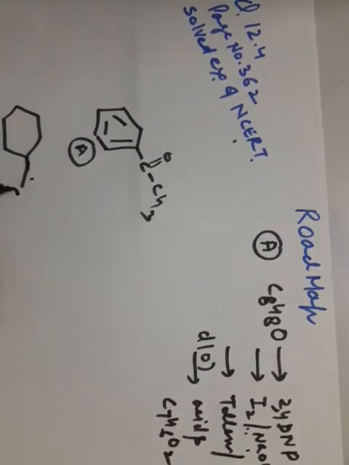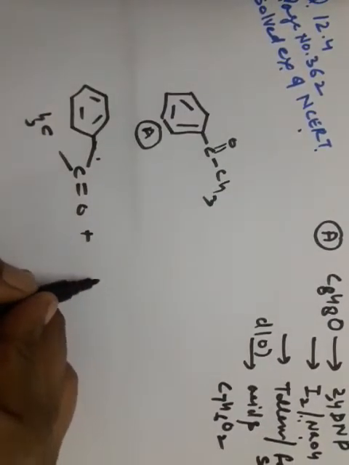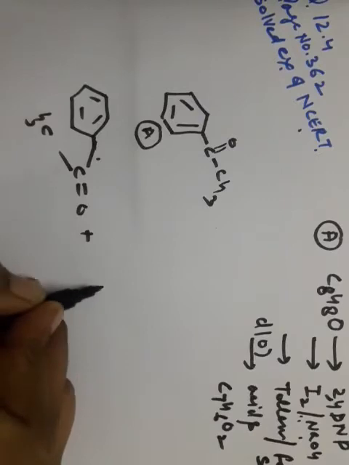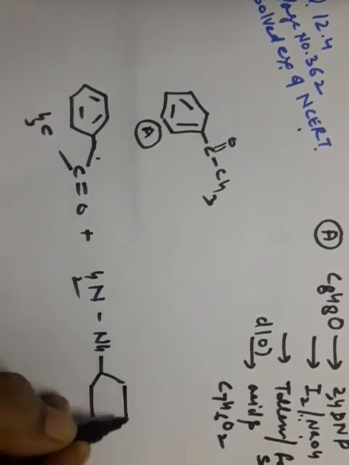First of all, it should give a 2,4-DNP test. So write down the structure of 2,4-DNP, which is 2,4-dinitrophenylhydrazine. The structure of 2,4-dinitrophenylhydrazine is like this.